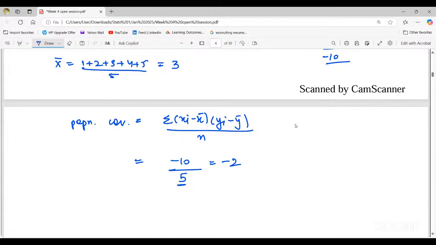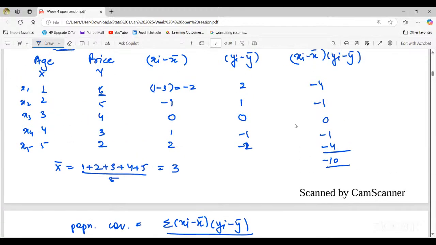Is it clear till here? Yes, ma'am. So I'm getting my value as negative, right? That means my covariance is negative, so my direction is going negative. That means if my x variable is increasing, if you see the table here, my value of y is decreasing.